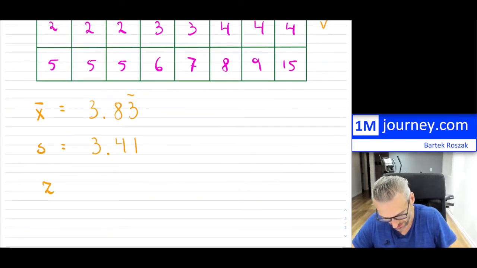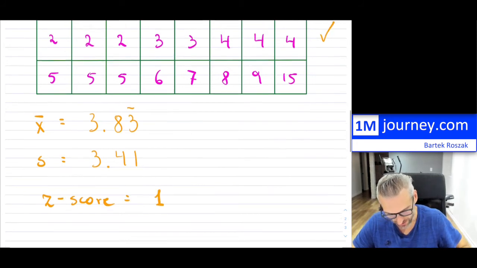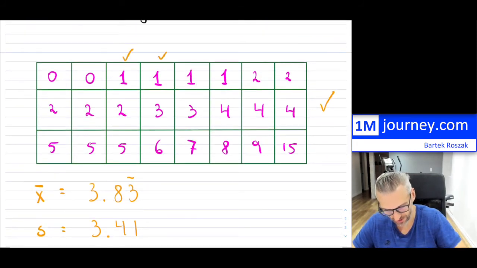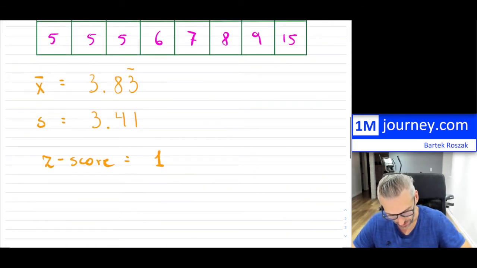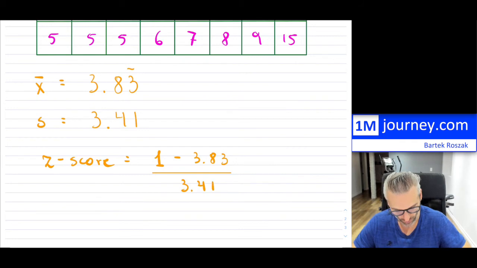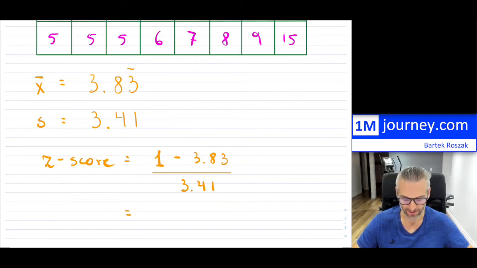So the z-score would be, and you would say 1, one of these, any of those that we would have. We would subtract the mean, so 3.83, and then we would divide by the standard deviation, 3.41. Of course, I'm rounding this, and notice it's going to give us a negative value.